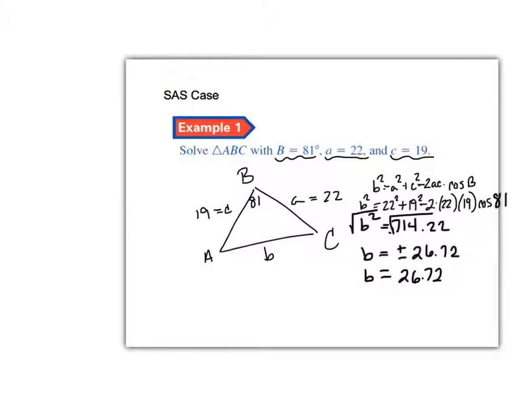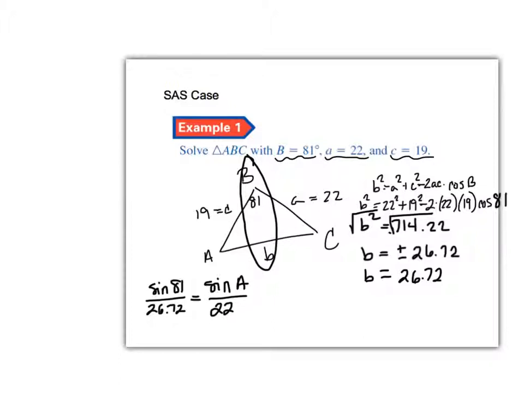Now what we realize is that I have an angle-side pair. Oh, well, we might as well finish this off with the law of sines then, since that's a much faster method to use. Okay, so that's what I'm going to do. I'm going to set this up as the sine of 81 over 26.72 is equal to the sine of angle A over 22.